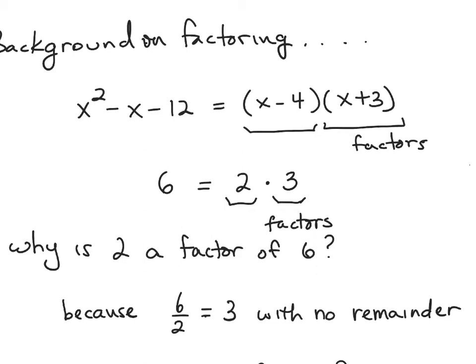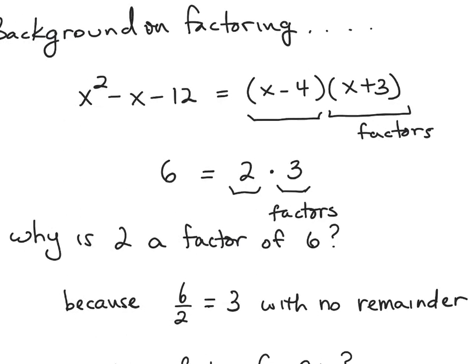That's why 2 is a factor of 6, and that's an important concept I'm going to touch on multiple times in this section and in sections 3.4 and 3.5: when you divide, there is no remainder. Just to reiterate, to prove that an expression is a factor of another expression, you need to be able to divide and have no remainder.